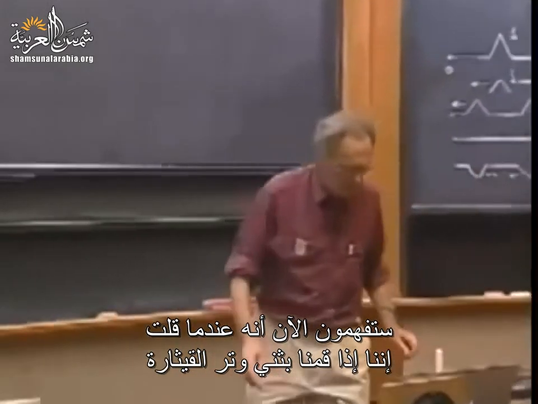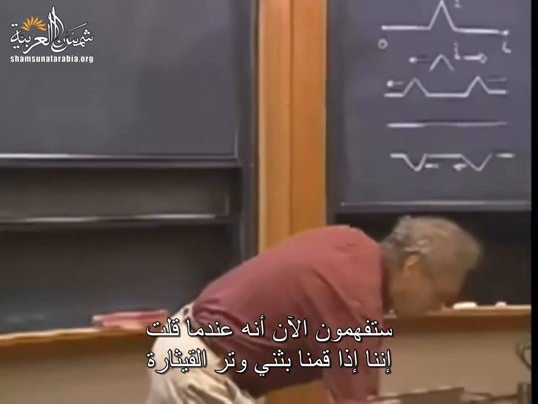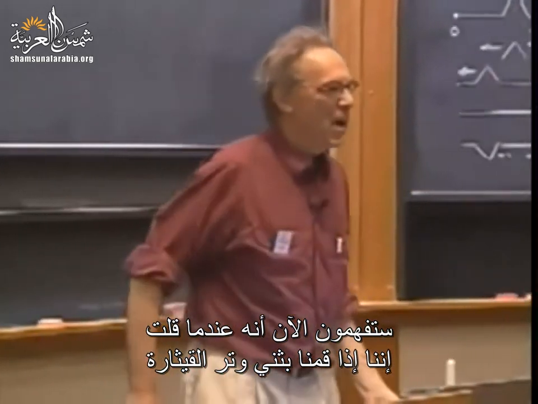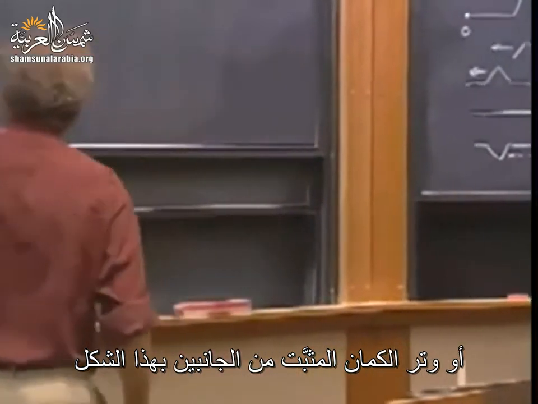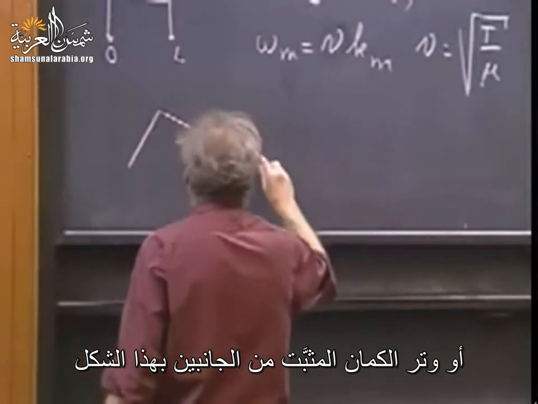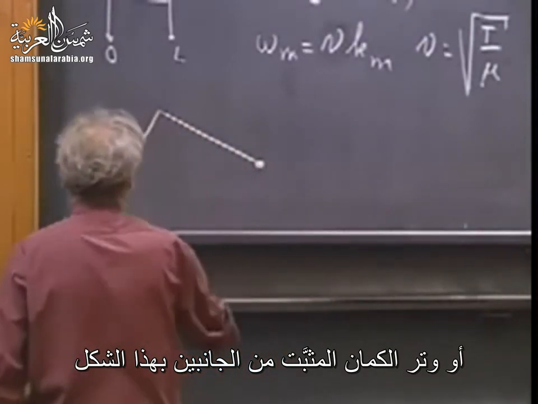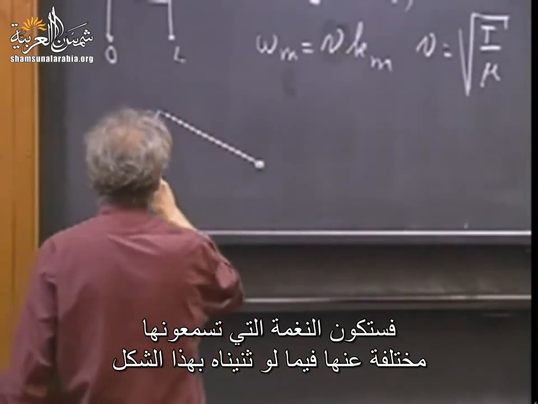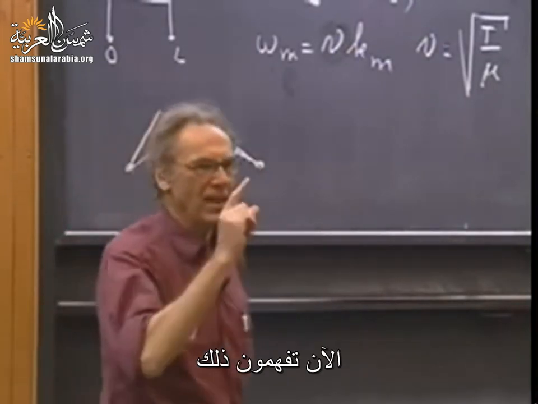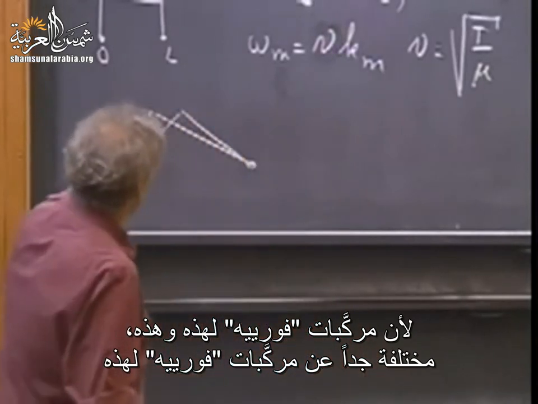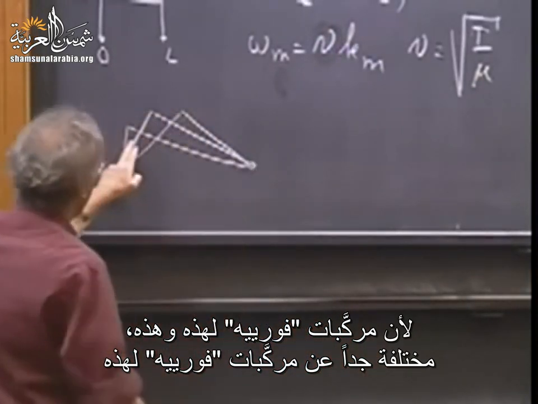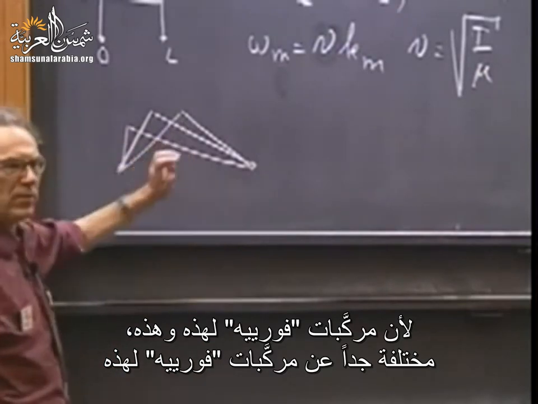You will now understand when I said if we pluck the string of a harp or the string of a violin, and you pluck it this way, fixed here and fixed here, the tone that you hear is different than when you pluck it this way. You now understand that, because the Fourier components of this one and this one are very different than the Fourier components from this one.